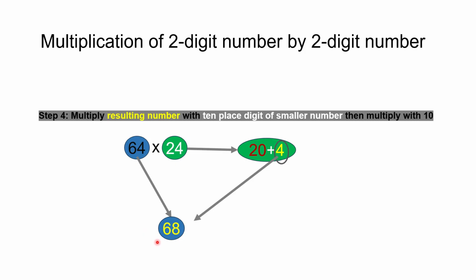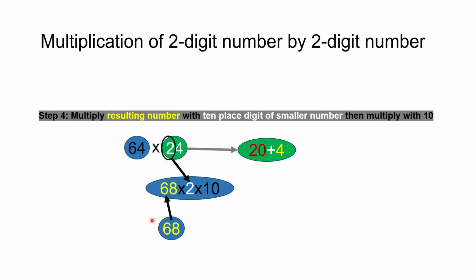Then this resulting number, which is 68 in this case, we multiply with the tens place digit of the smaller number, which is 2 in this case, and the resulting number is multiplied by 10 again, because this 2 is in the tens place of 24, so the resulting number must be multiplied by 10.